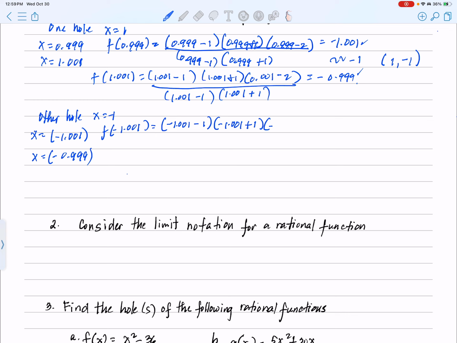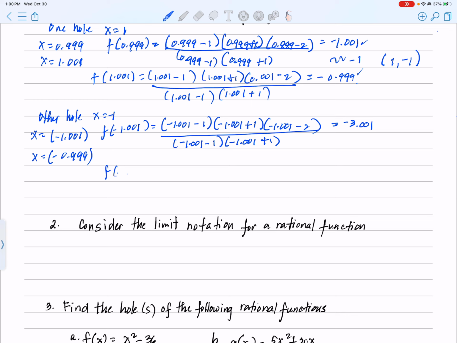Replace that to the function, minus 2. And then we have negative 1.001 minus 1, negative 1.001 plus 1. By doing the math, we come up with negative 3.001.